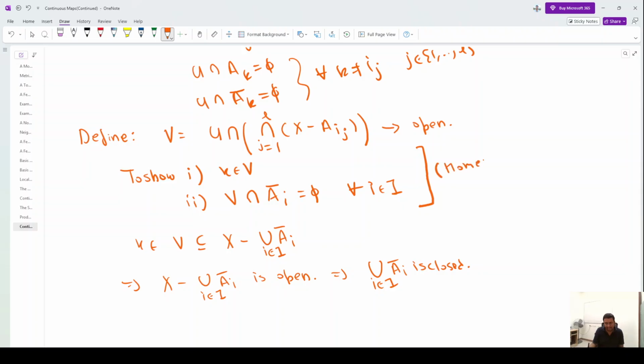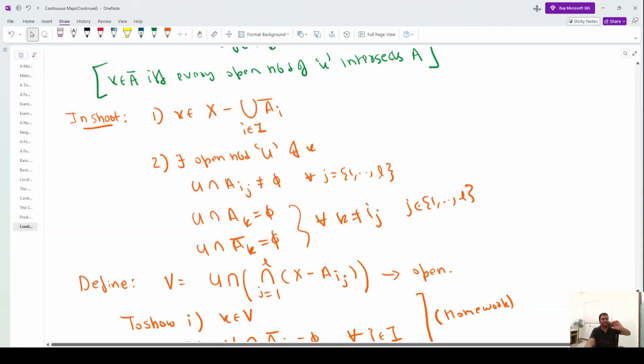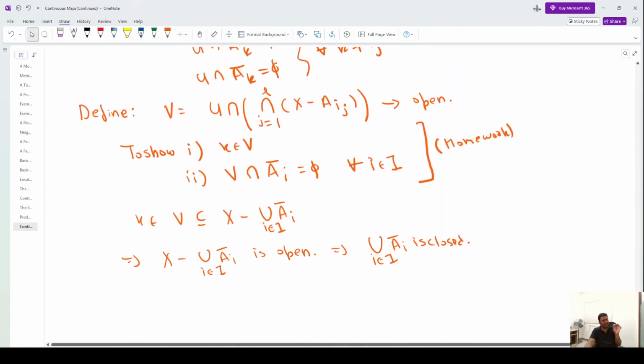Homework. It would be a similar analysis using what we have done above, how we have come to the second point and first point. Just use the properties. That's all. Write it carefully. You will be able to do it.